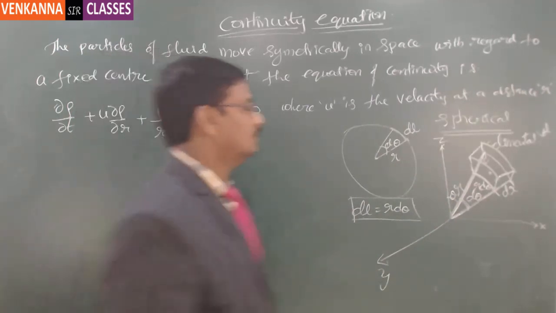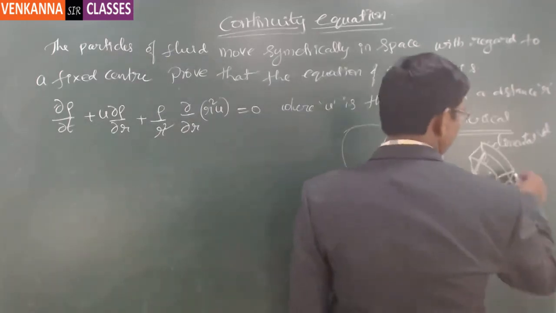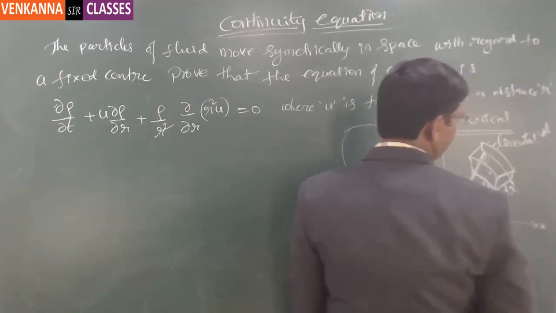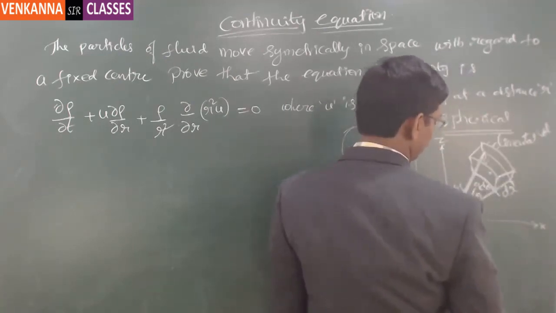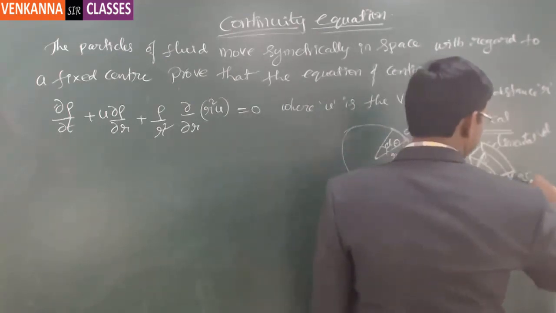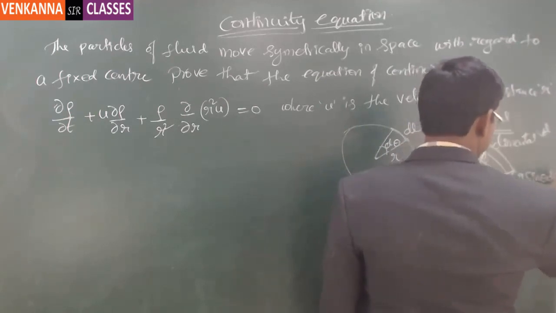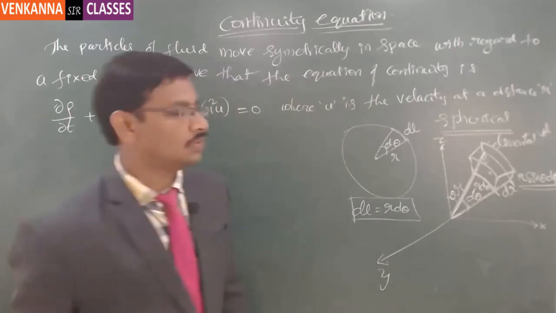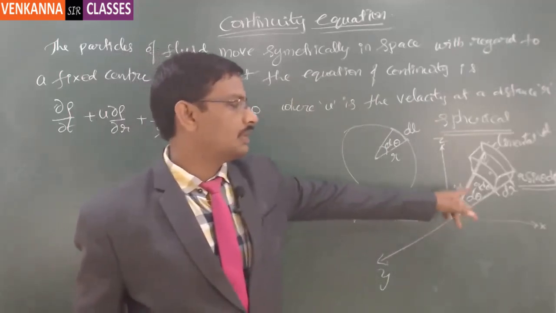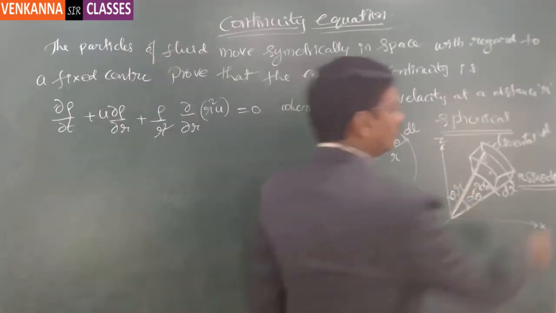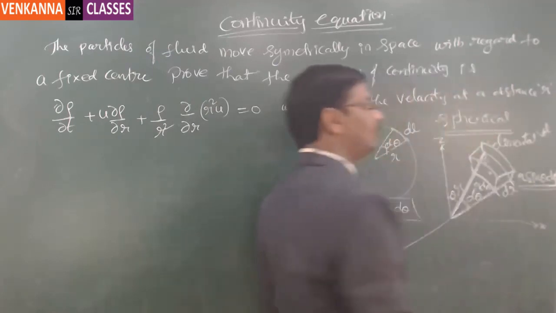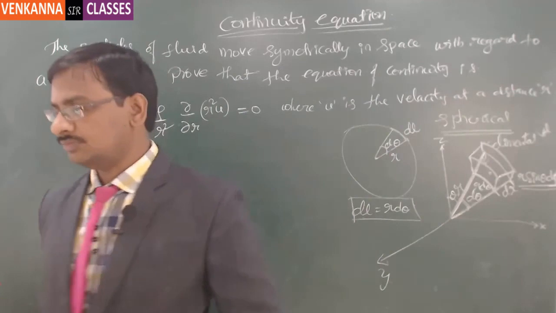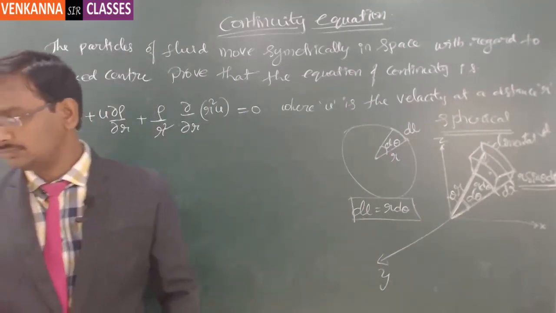So this is r d theta, then the vertical length will be r sin theta d phi. So one is d theta, another is d phi. In the d phi direction, the length will be r sin theta d phi. I hope you understood that.